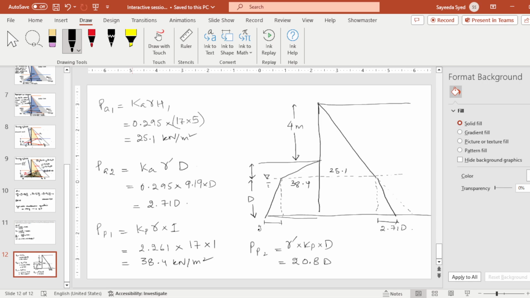Let's take this as PA2 and this as PA3, and we'll take this as PP2 and this as PP3.